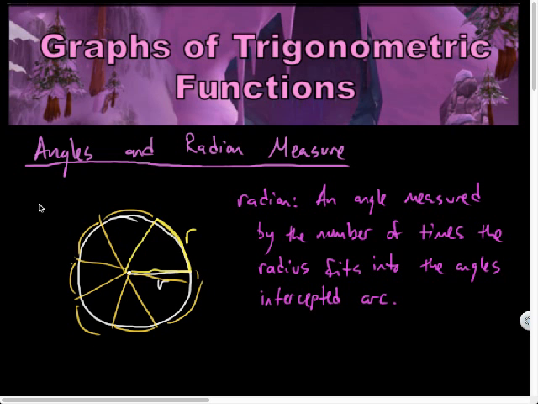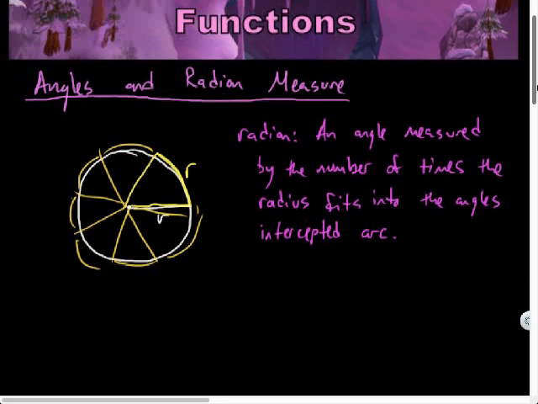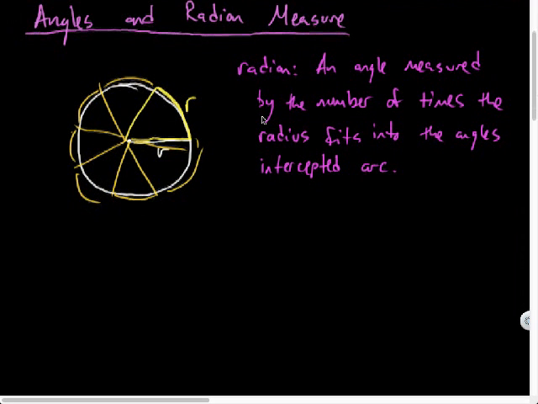The distance around a circle, what formula do we use to talk about that? Circumference, right? And circumference is equal to 2 pi r. So I'm basically asking the question, what do I get when I take c, the circumference, and divide by a radius?